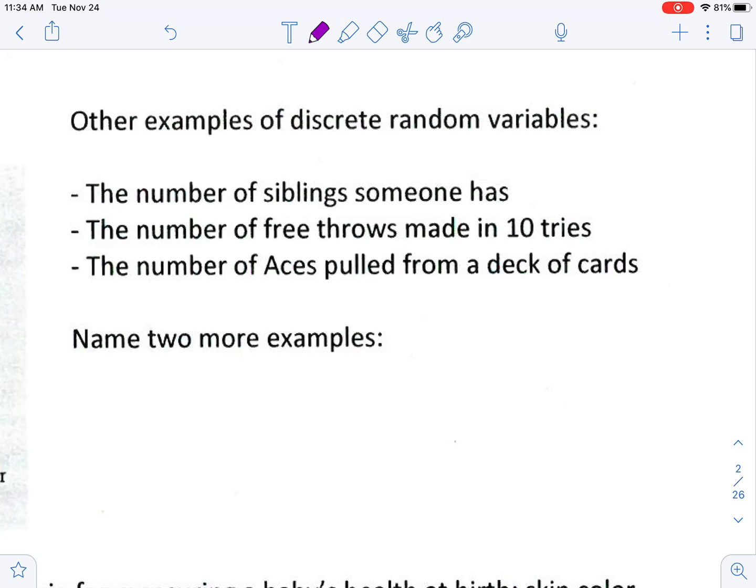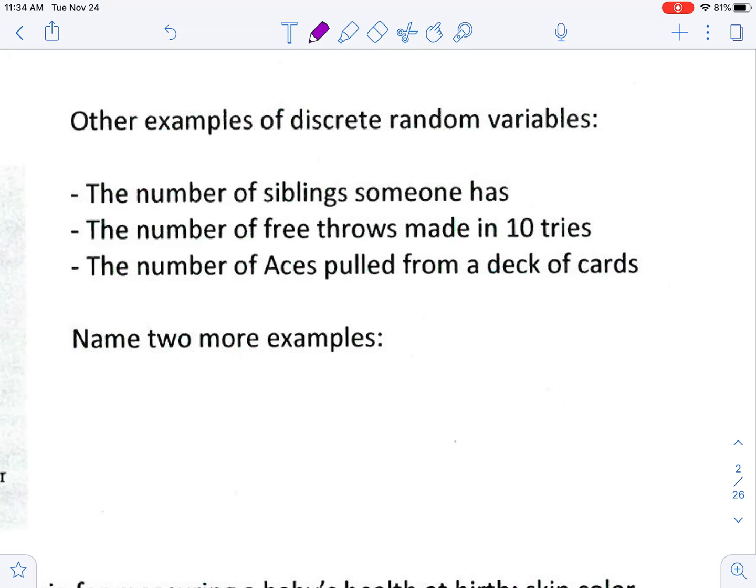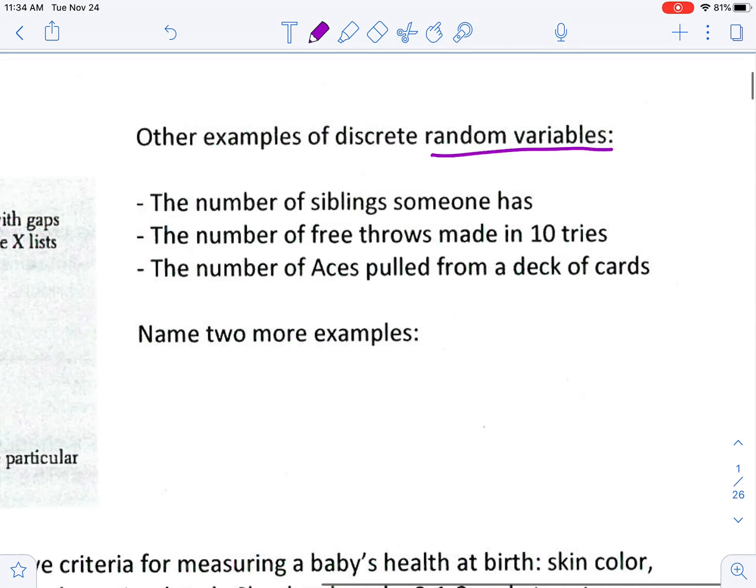If you want, try to think of 2 more examples. The fact that this is a random variable means that your answer is a numeric value. So with the number of siblings someone has, not only is it integers, but it's got to be numbers. That's where your 2 more examples might come from.